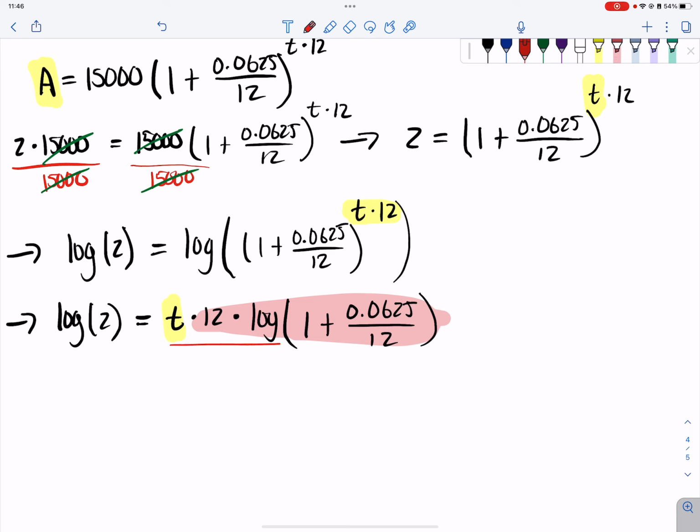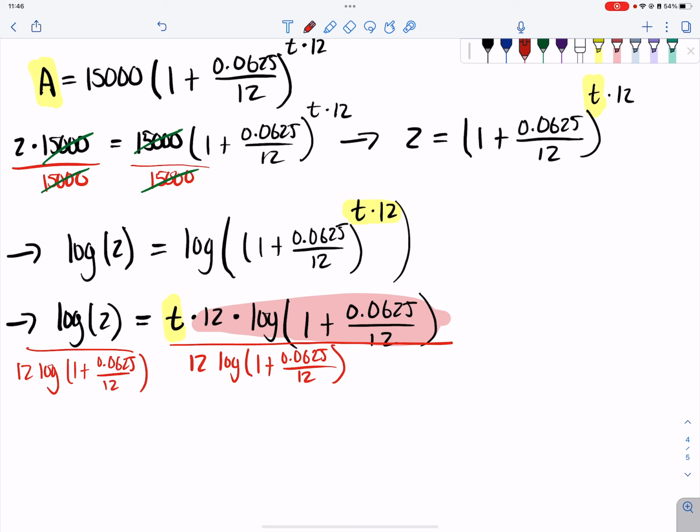So we can just divide all of that to the other side of the equation. So now to cancel all of that out on the right side, we're only left with t over there.